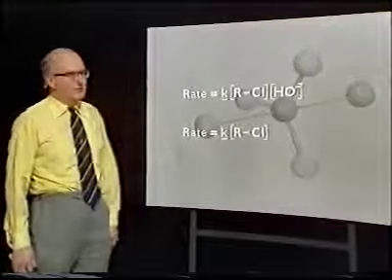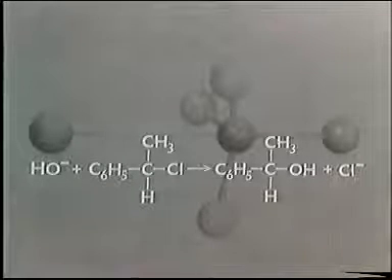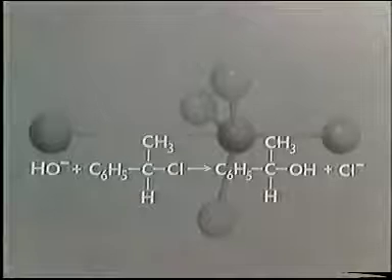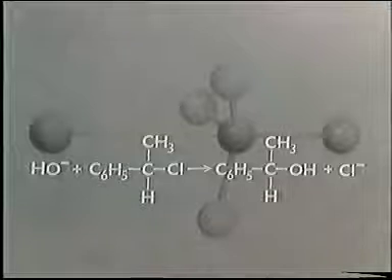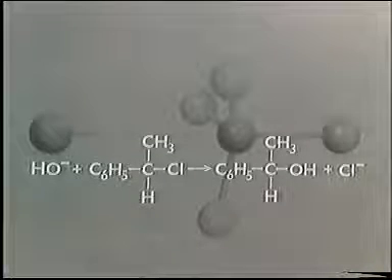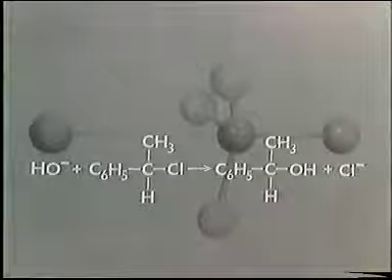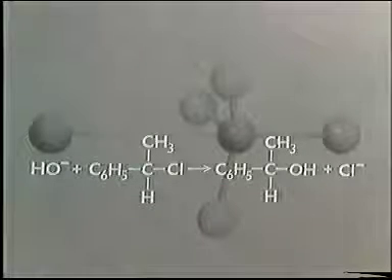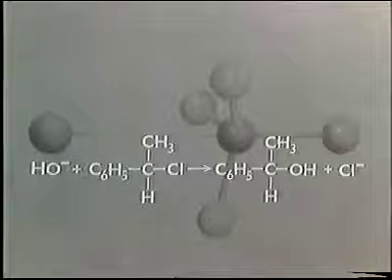What we're doing, of course, is attacking the halide with OH minus, and a reagent like OH minus is commonly referred to as a nucleophile. With this nucleophile we are attacking the carbon atom of the halide and displacing the chlorine atom originally attached to it as a chloride ion. So it's a substitution reaction. So we call the overall process a nucleophilic substitution.